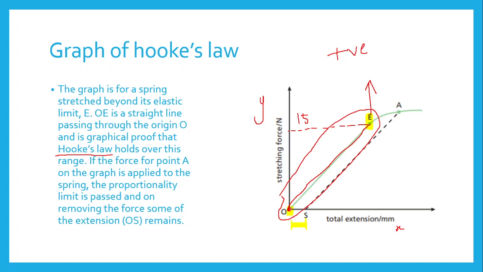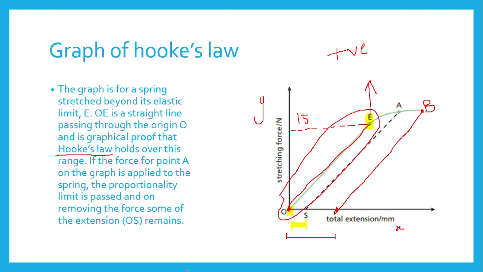However, after point E, at point A, or even after that, at this random point that I'm labeling point B, if the object is unloaded, it is going to go something like this. The extension is going to decrease, but there is going to be a permanent deformation. If I load it till B or till A, then there is going to be this permanent deformation known as OS.